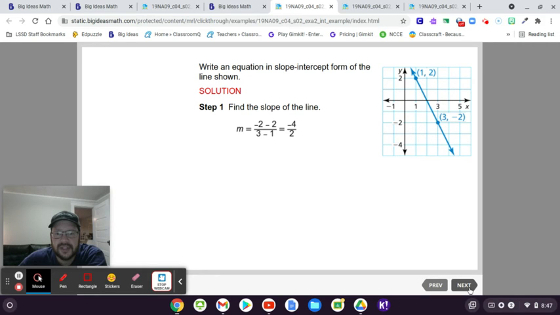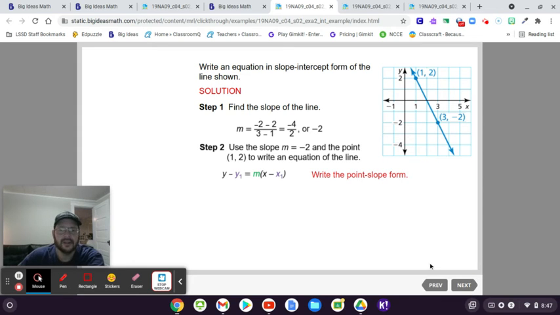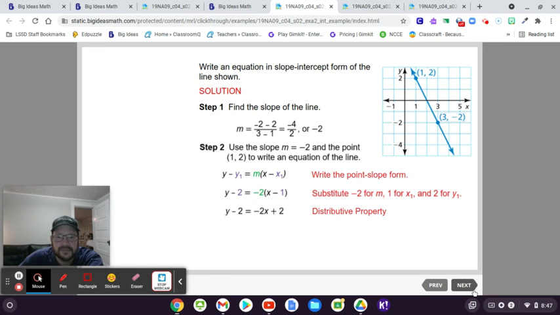So the slope is -4 over 2, which is the same as -2. You can then use either of the 2 points. They're using 1, 2. If you plug in 1, 2 for your x and y, you get y minus 2 equals -2, which is the slope, times the quantity of x minus 1. And that's your point-slope form.